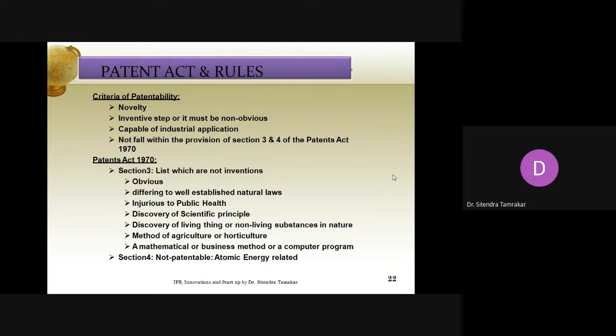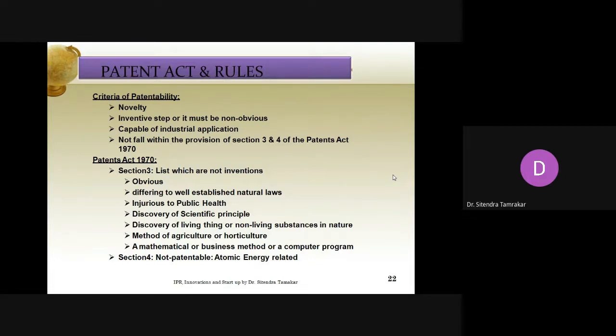Under Section 3, a list is given of what are called non-inventions. If this is obvious, this is different from a well-established natural law, like the sunlight, the sun rises, injurious to public health. So any theory which is injurious to the mass public health is not acceptable as a patent.